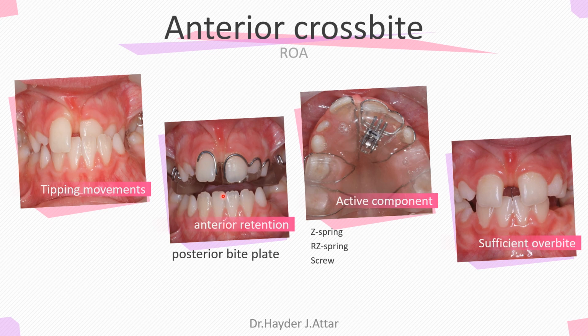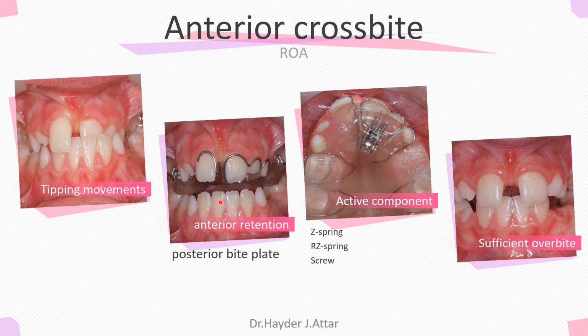In addition, the removable orthodontic appliance in the correction of the anterior crossbite should incorporate a posterior bite plate, and the posterior bite plate has the benefit of freeing the occlusion anteriorly to give a good space for the buccal or labial tipping of the anterior teeth to correct the anterior crossbite.